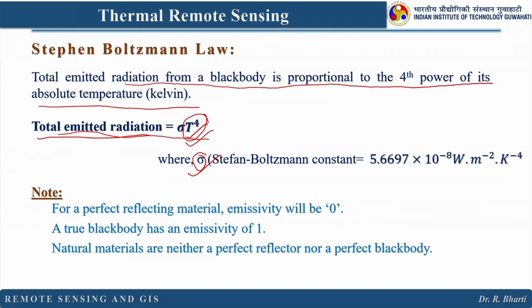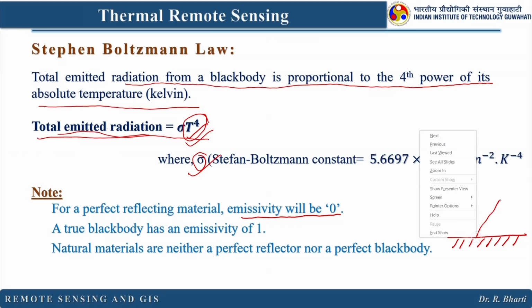So let us understand why, for a perfect reflecting material, emissivity is 0, right. So if this is my target, or this is the surface which has been illuminated by this particular source, and which is getting some energy, some amount of energy will get reflected, some will get scattered, some will be transmitted, some will be absorbed, right.